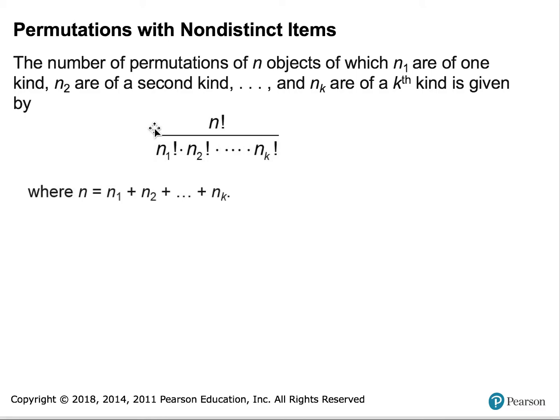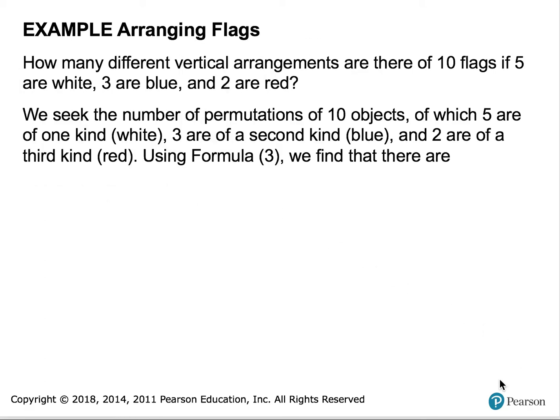And then we get this formula. It's n factorial, where n is how many total objects you have. And then down here is how many of them are alike, how many more are alike, how many more are alike. So once again, the easiest way to understand this formula is just to use it.